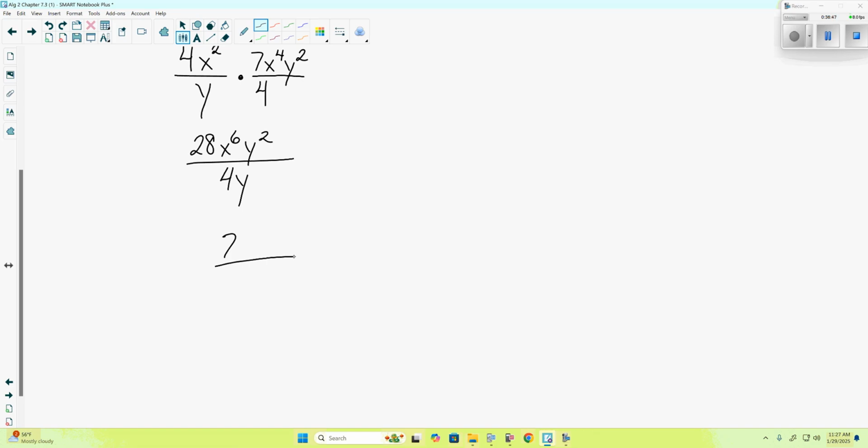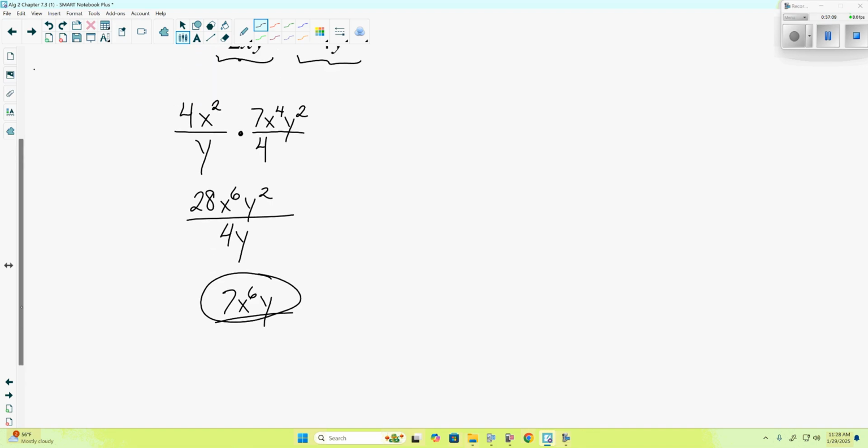There is no x variable in common on top and bottom, so we're left with x to the 6th. y squared over y. 2 minus 1 is 1. And it's bigger on top, so it stays on top. So we do get to the same answer.